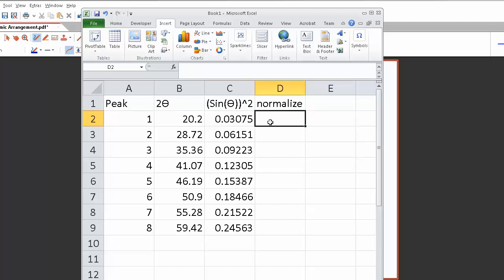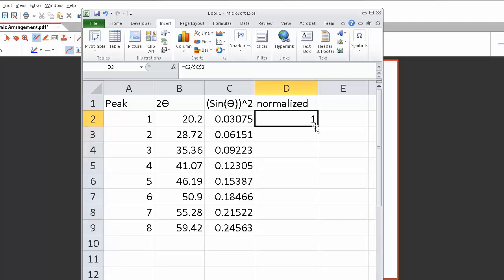So this, the normalized value, is going to equal this divided by itself. Now, I always want to divide the rest of these numbers by the lowest value of sine squared theta. So that's why I put these absolute symbols in. Okay, so as we expect, 0.03075 divided by 0.03075 is 1.